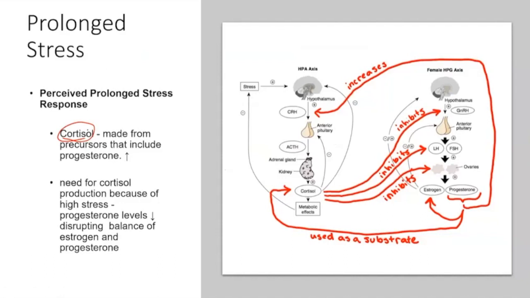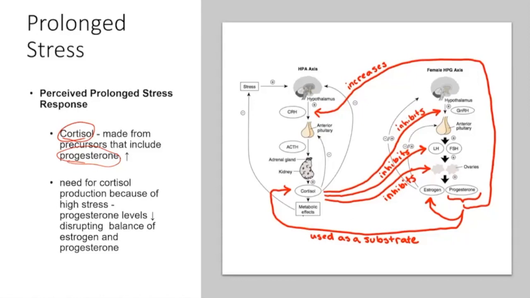And the reason that this is important is because the precursors that make cortisol come from progesterone. And progesterone is the other hormone that balances estrogen and has its purposes within the reproductive cycle of the female lifespan. So all of these arrows that I've drawn in here, I'll just let you know.